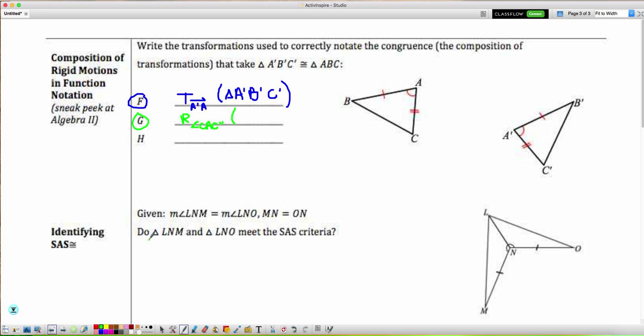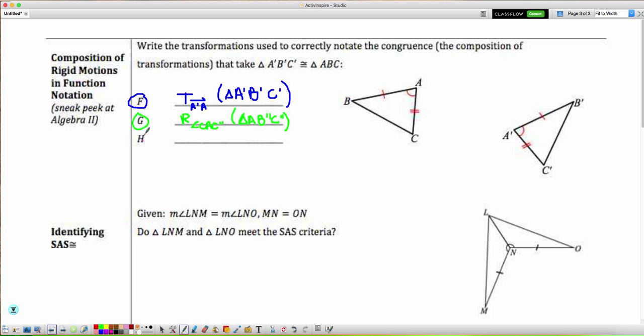And then again, I did that to triangle A, B double prime, C double prime. I got this from the front side of our notes, so you can flip over to see it again.